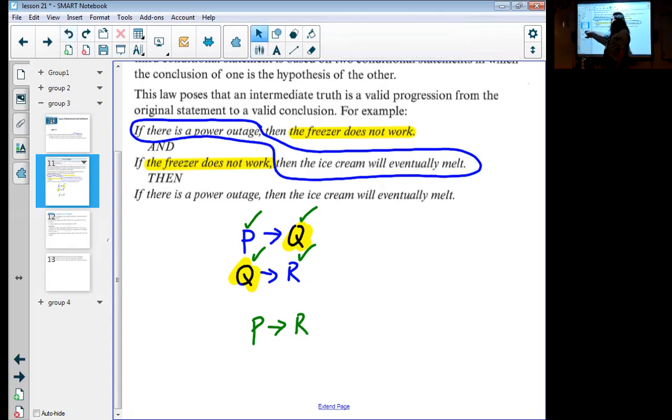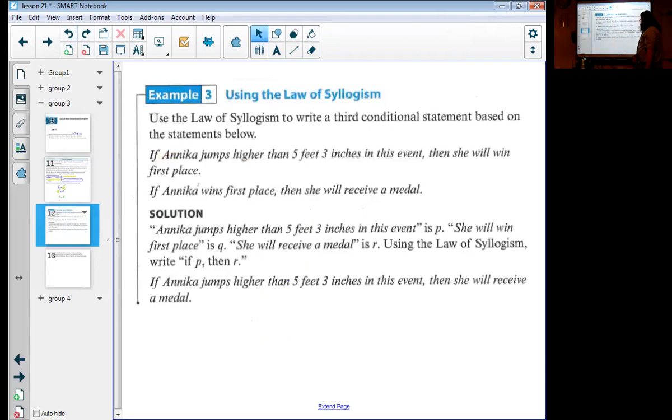So now let's go on to the example question. Use the law of syllogism to write a third conditional statement based on the statements below. If Anika jumps higher than 5 foot 3 inches in this event, then she will win first place. If Anika wins first place, then she will receive a medal.